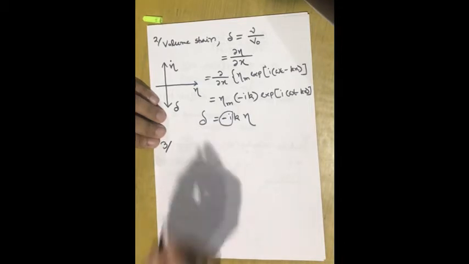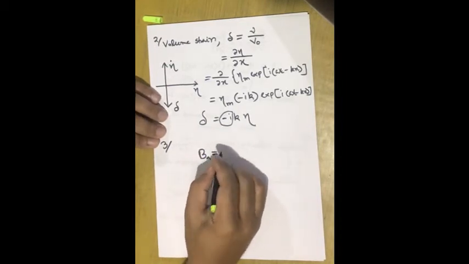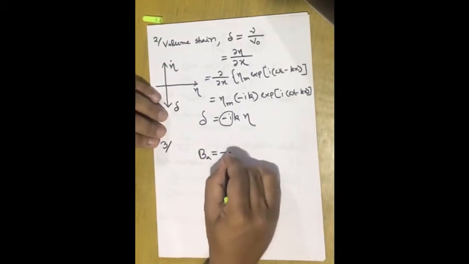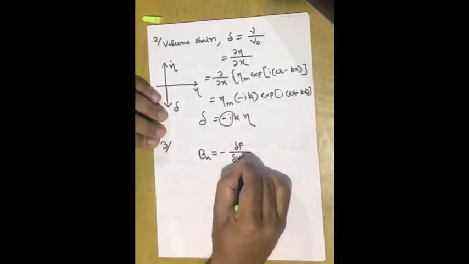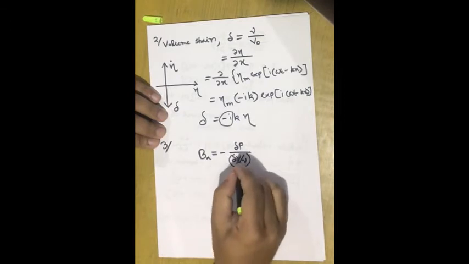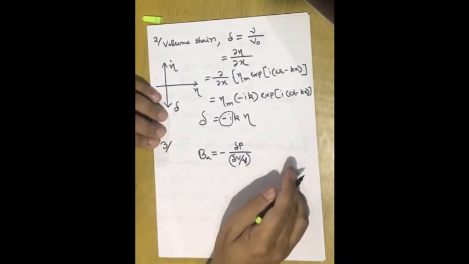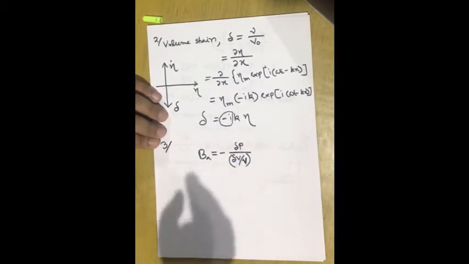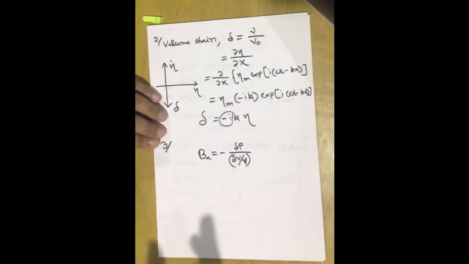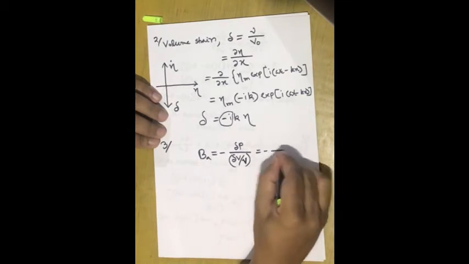Okay, so if you remember, we have written the bulk modulus of the air column, B A, is equal to minus the change of pressure divided by volume strain, del V over V. Here V was the initial volume, and del V is the change of volume, and delta P is the excess pressure. That means how much pressure is greater than the atmospheric pressure. We have denoted it by the quantity small p.